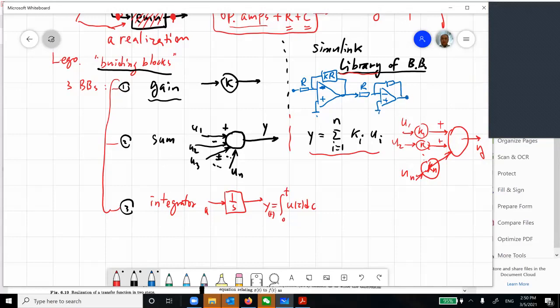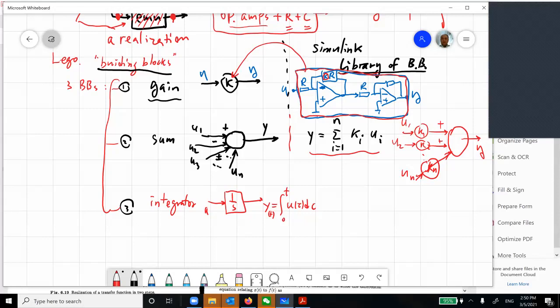Then we say this is U, this is Y. I package this whole thing from here to here. So this red box in here is my K, because the K is here. Make sense?